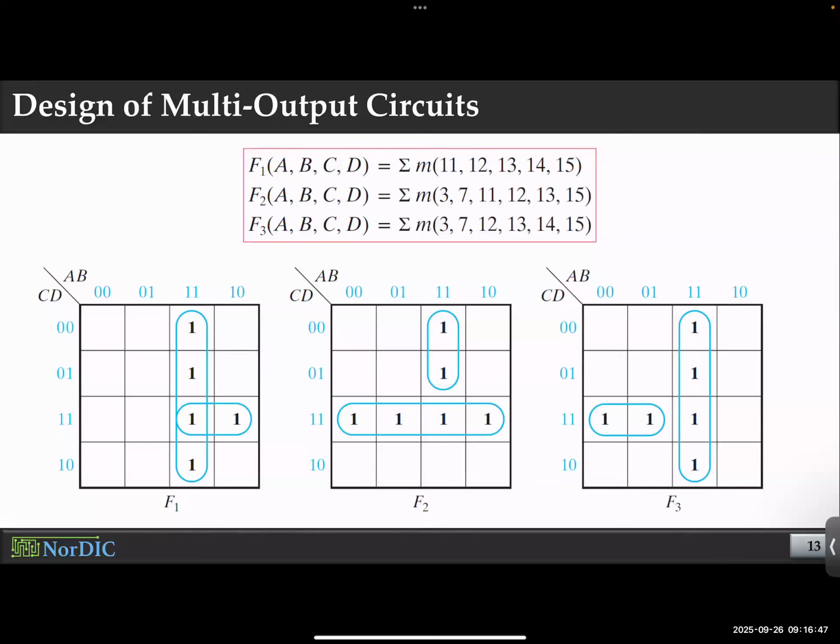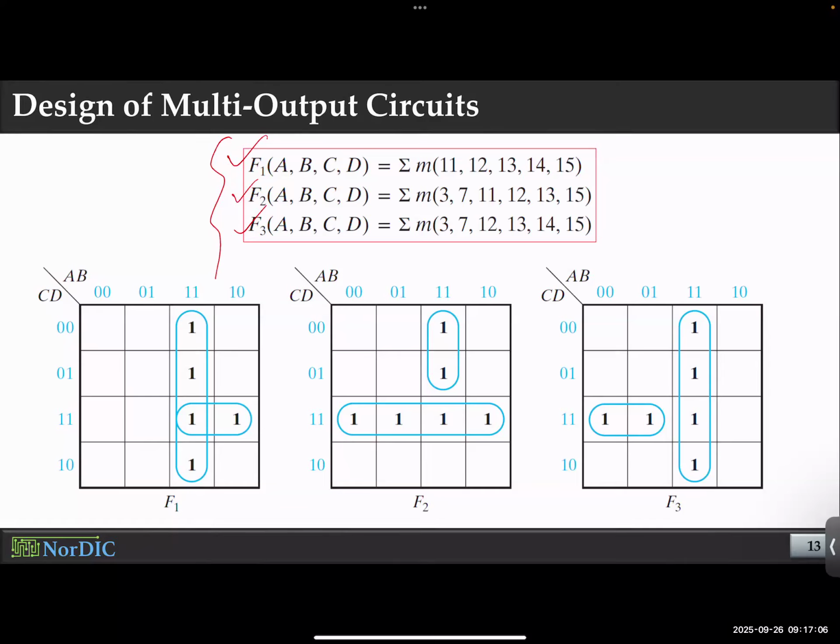Okay, now, then we talked about using the K-map approach for multi-output circuit optimization. So imagine in Boolean logic, instead of one output, you have multiple outputs, F1, F2, F3, and so on, right? And one example of that would be a simple adder circuit where you have sum and carry. So two outputs already.